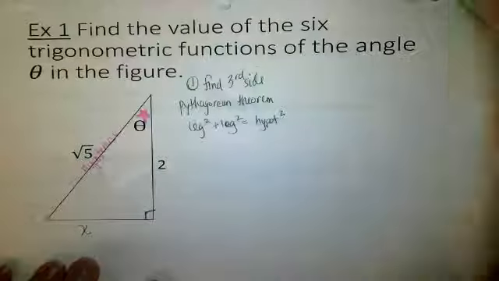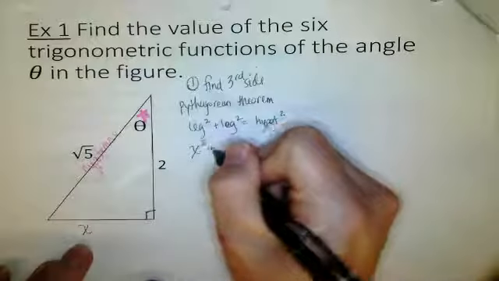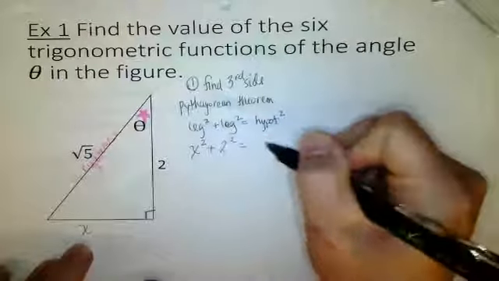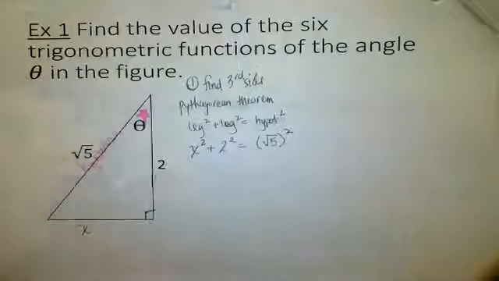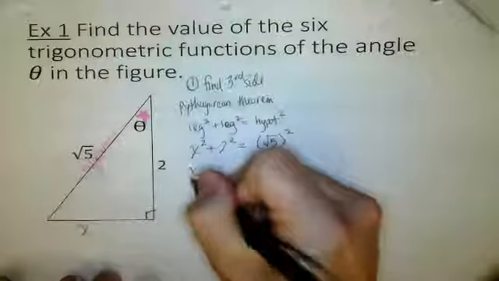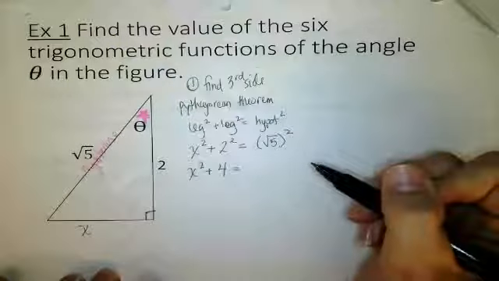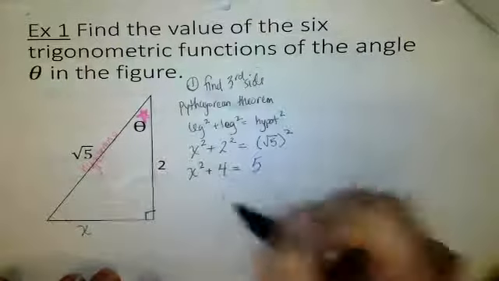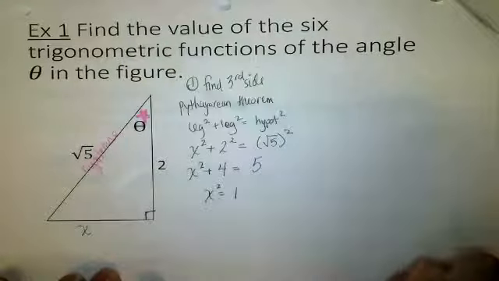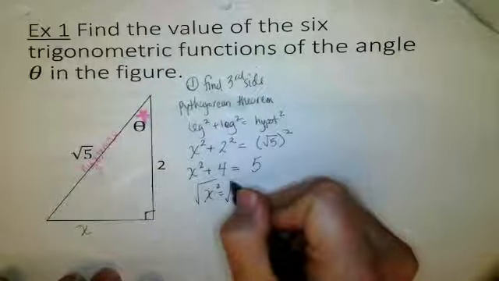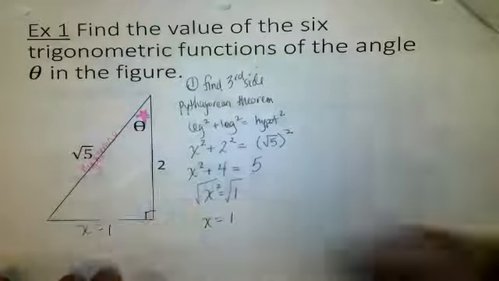I don't care which leg goes where, but we're going to do leg squared plus leg squared equals, the important one, radical 5 squared. So I have x squared plus 4 equals, what is radical 5 squared? 5. Then I can move the 4 over, so I get x squared equals 1, and then take a square root, and x equals 1.